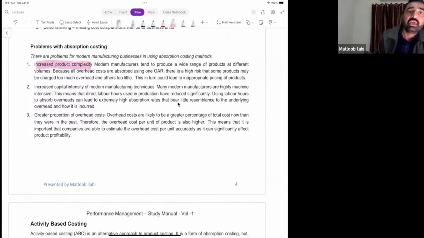Number two, increased capital intensity of modern manufacturing. Modern plants, modern manufacturing facilities are highly technology intensive.